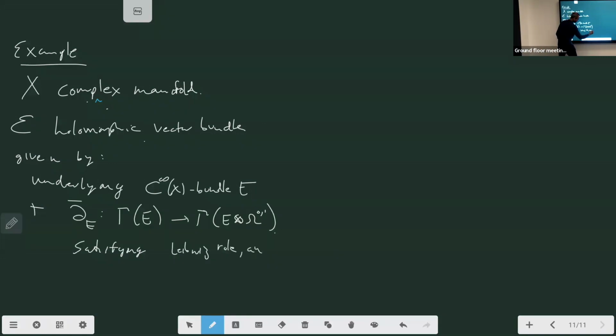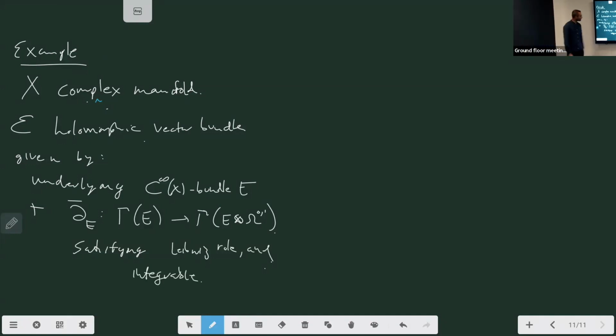So we can describe a holomorphic structure on a vector bundle by giving an underlying C infinity bundle and then giving this del bar operator.